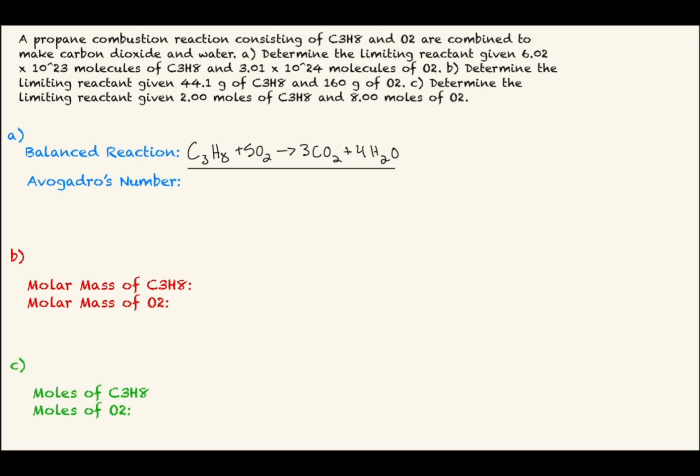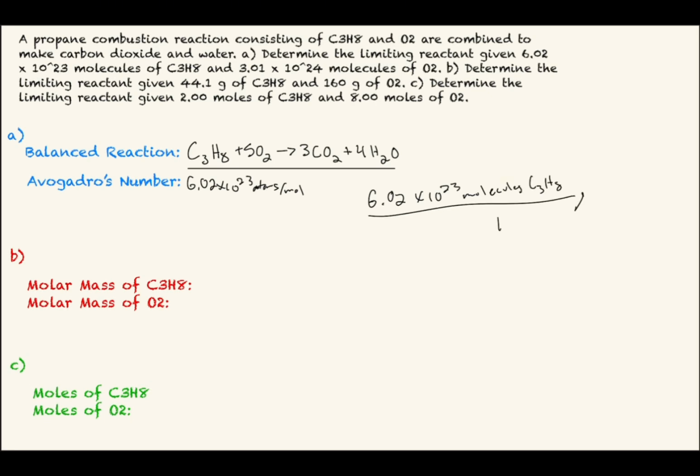So this is very similar to the last one. We're going to start with our molecules. So we're going to use molecules this time instead of atoms. Same thing, exact same thing. So we're given 6.02, and we need to know Avogadro's number, which is this. It's going to be atoms divided by moles. But for this one, we're going to do 6.02 times 10 to the 23 molecules, and this is of C3H8.